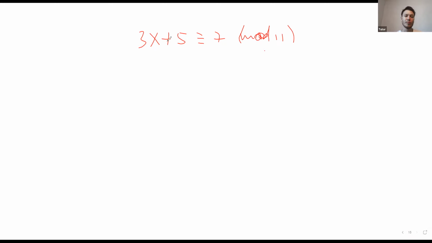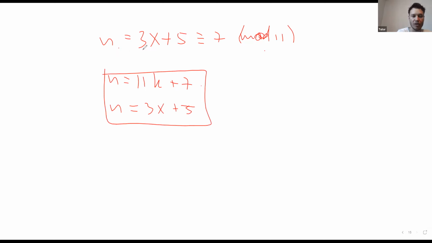So you have some number n, where n is equal to 11k plus 7, but n is also equal to 3x plus 5. So this is a totally valid statement.